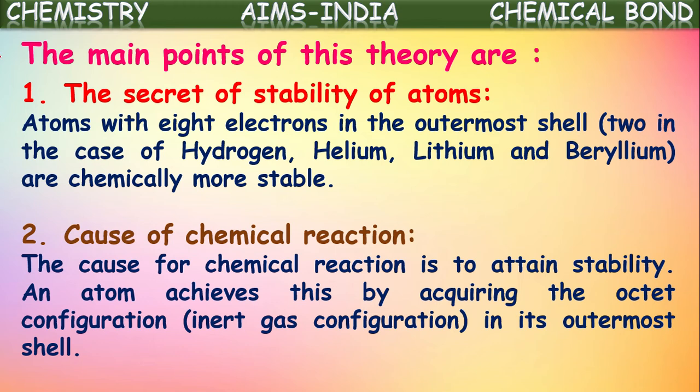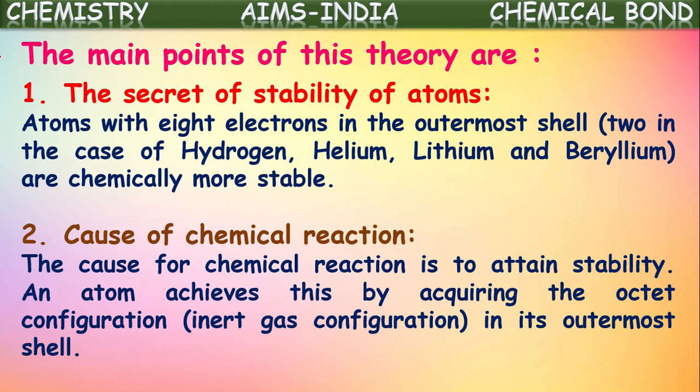These unstable and more reactive elements also will try to attain stability. They will try to get a stable configuration. Because of this attainment of stability, all these elements will participate in the chemical bond formation, and hence these many crores of compounds are being formed. So the main cause for the formation of these many compounds is that elements will try to attain stability.